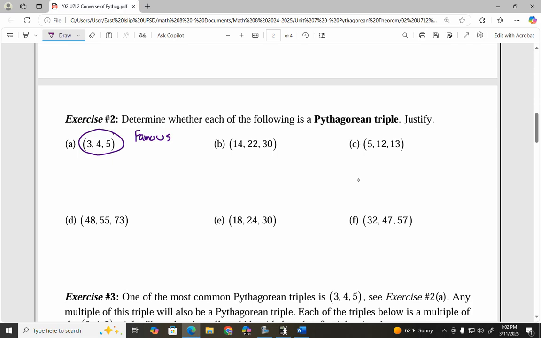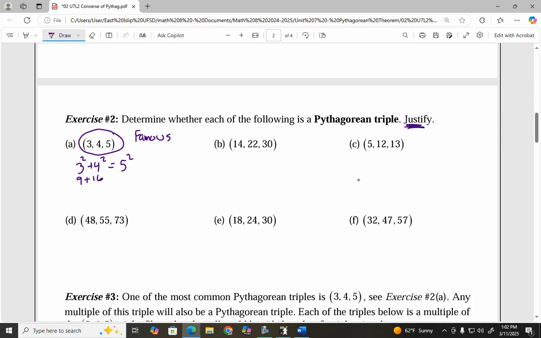But in exercise 2, we have to justify whether something is a Pythagorean triple or not. I know 3, 4, 5 is a Pythagorean triple because it's so famous, but we're going to prove it. So how do you prove it? Use the Pythagorean theorem. Show that 3 squared plus 4 squared actually equals 5 squared. These numbers are so small, I'm not even picking up my calculator.